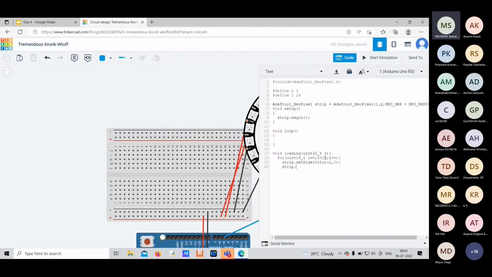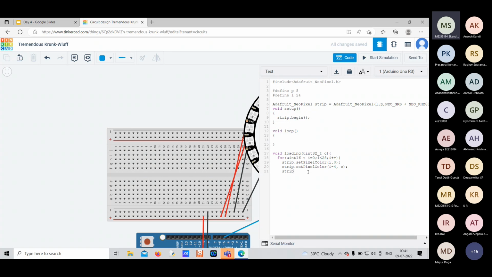Strip dot set pixel color. Now again, the pixels following it, in the backwards direction, need to have a particular color that we're going to assign. So that takes in the input of the color.